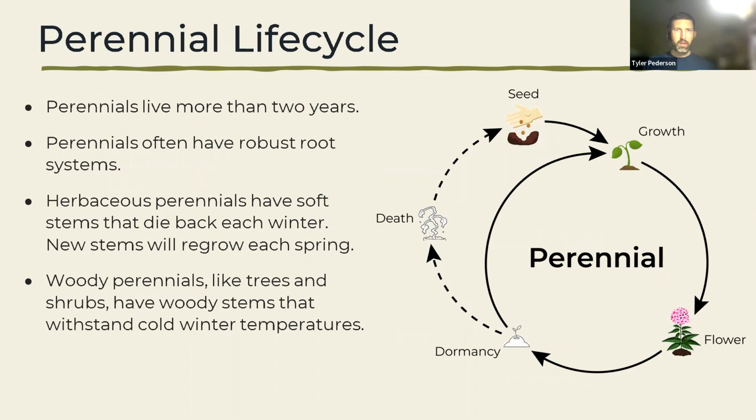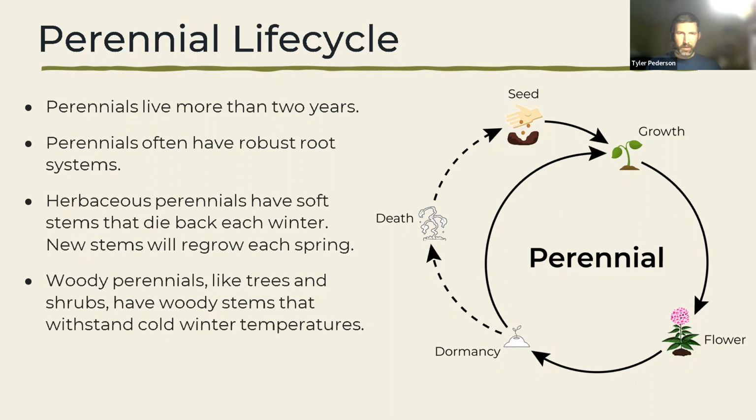And lastly, we have the perennials. Perennial plants usually live more than 2 years. They have robust root systems, and herbaceous perennials have soft stems that die back each winter, and the new stems will regrow each spring. And then the woody perennials, like trees and shrubs, have woody stems that withstand cold winter temperatures.